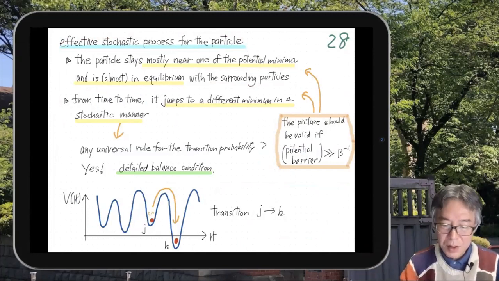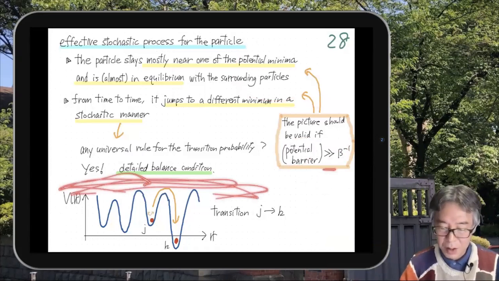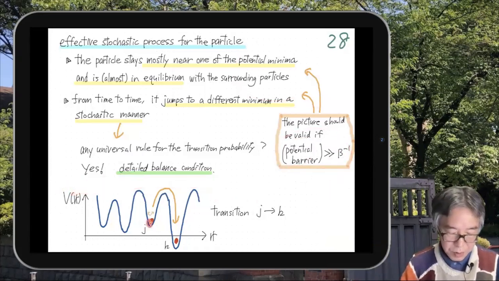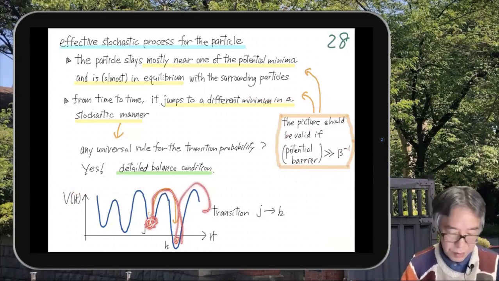And this is justified in the situation where the potential barrier is much larger than kT, the thermal energy. If kT is much larger than the potential barrier, then it can go everywhere. But in this situation, our particle stays almost here, and from time to time jumps to a different minimum.